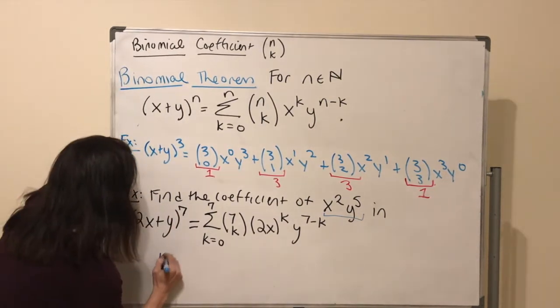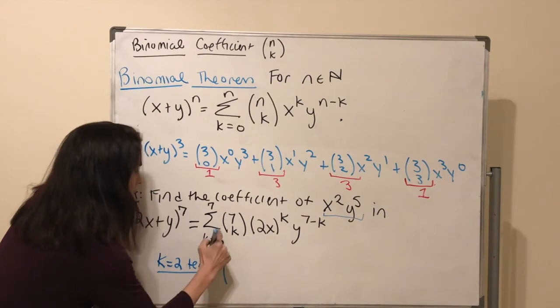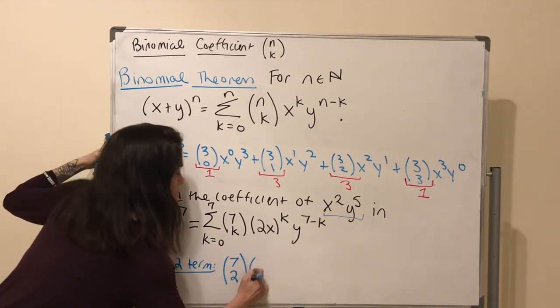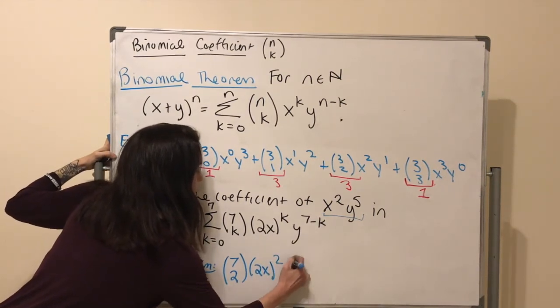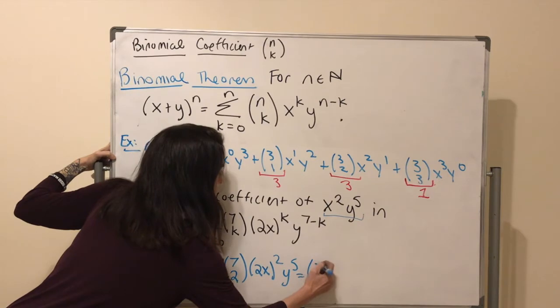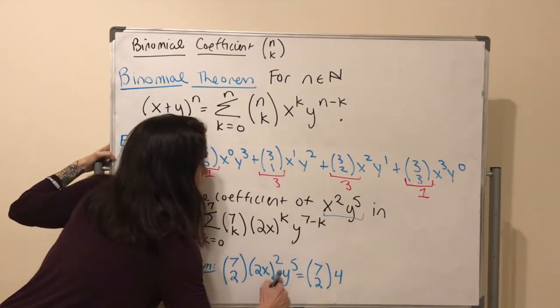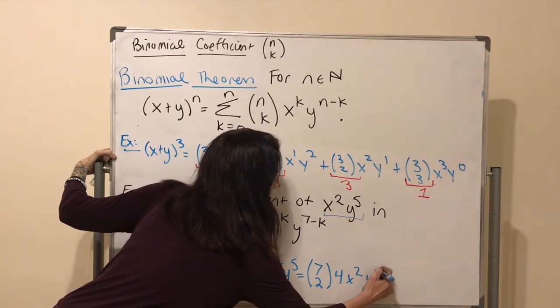So the k equals 2 term looks like this. It would be 7 choose 2, 2x squared and then y to the 5th power, which is 7 choose 2, 2 squared, which is 4, and then x squared, then y to the 5th.